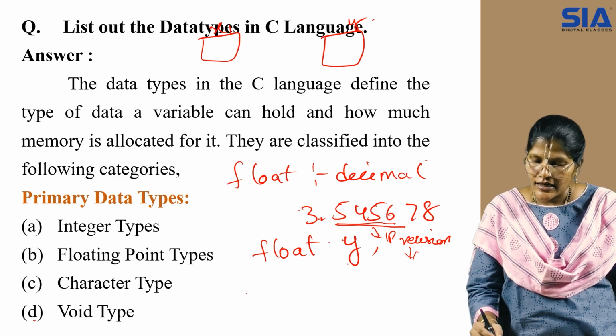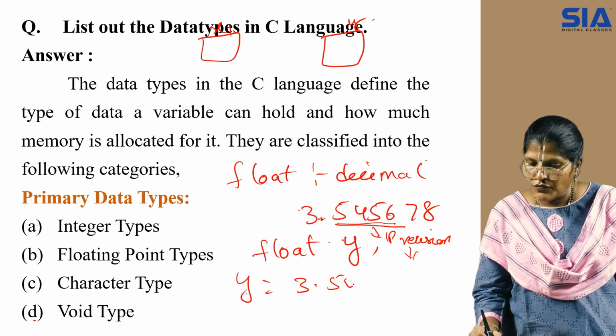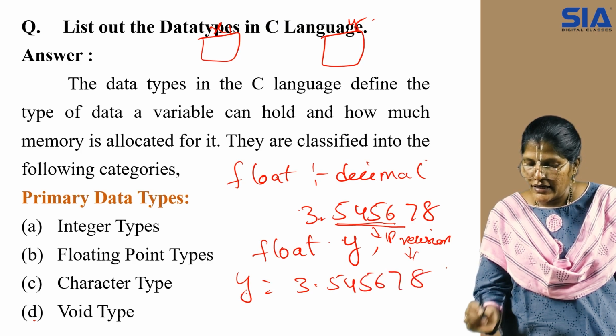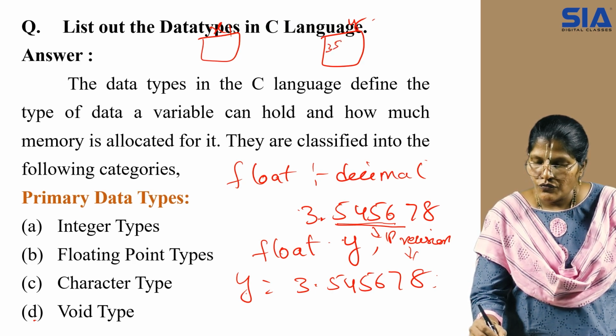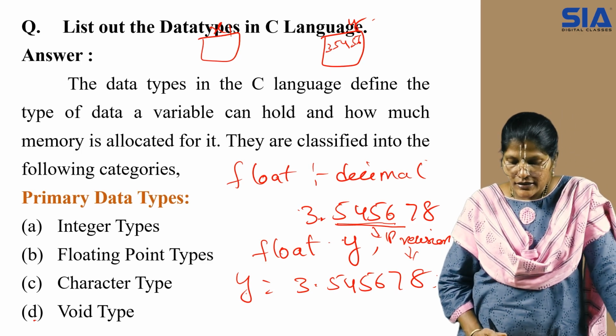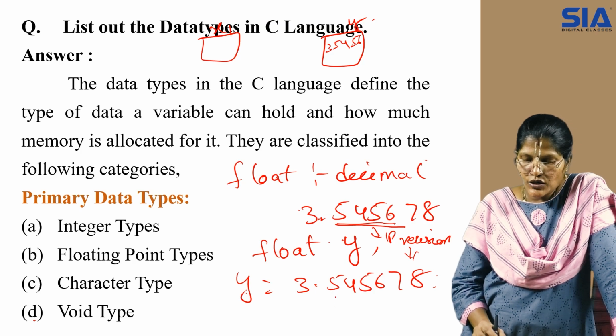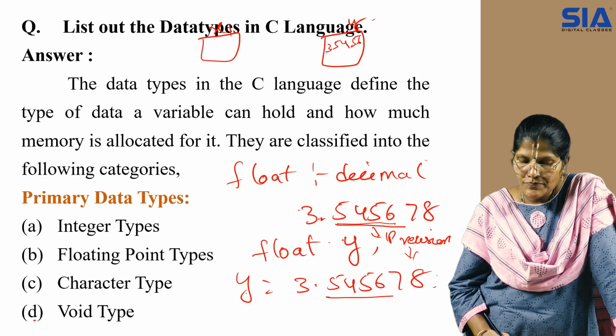So, whenever you say float y is equal to 3.545678, after the decimal point, how it will be stored in the memory is 3.5456; that is what will be reserved. So exactly 4 values after the decimal point are considered within the float.